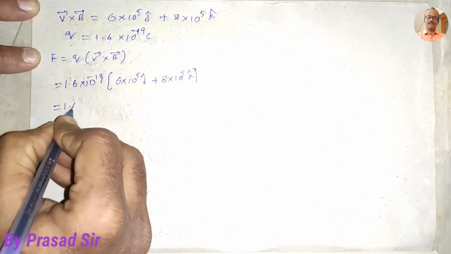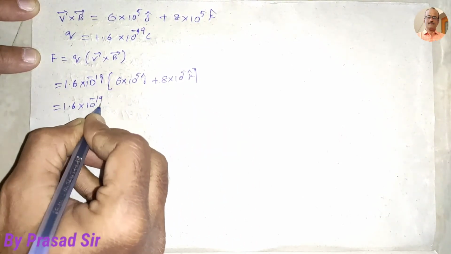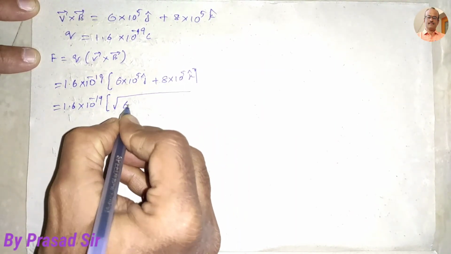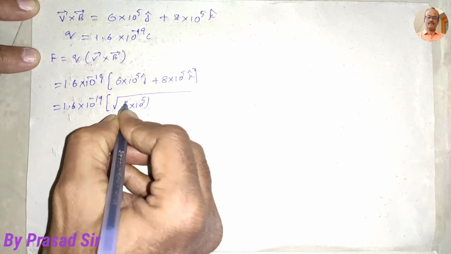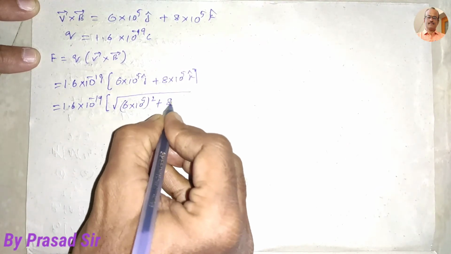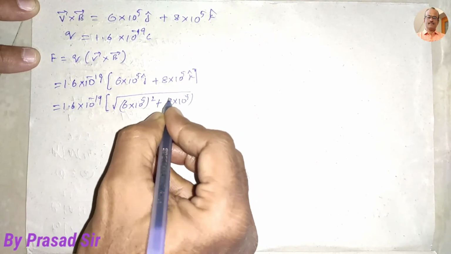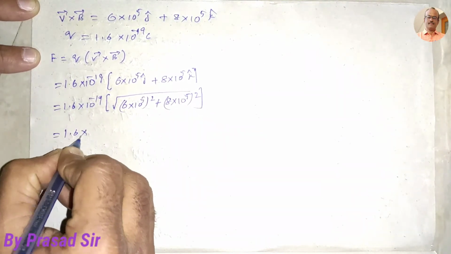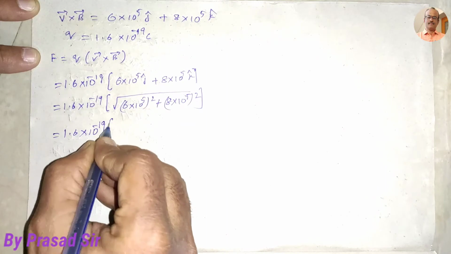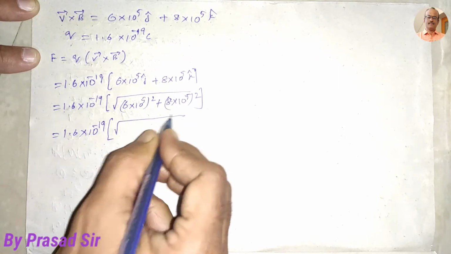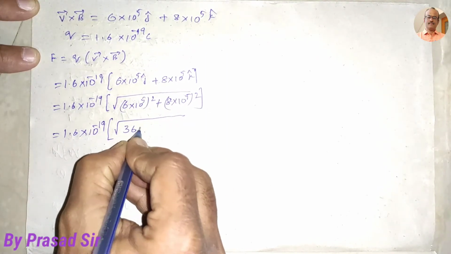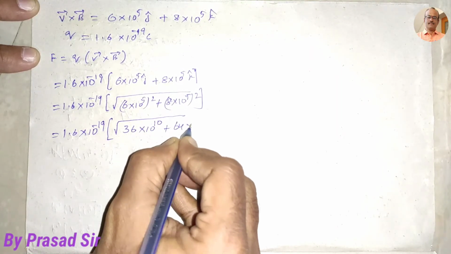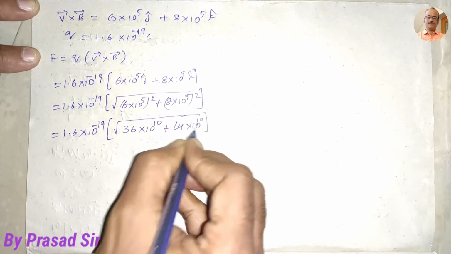So that means 1.6 into 10 to the power of minus 19. Here magnitude means 6 into 10 to the power of 5 whole square plus 8 into 10 to the power of 5 whole square. So here 1.6 into 10 to the power of minus 19 square root over 6 6s are 36 into 10 to the power of 10, 8 8s are 64, 10 to the power of 10.